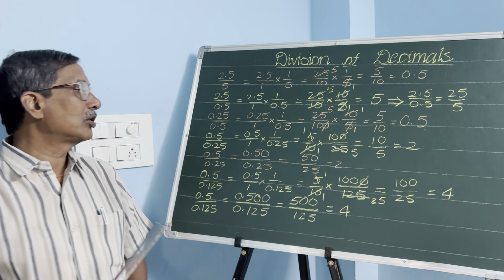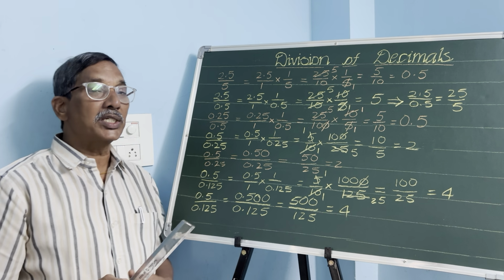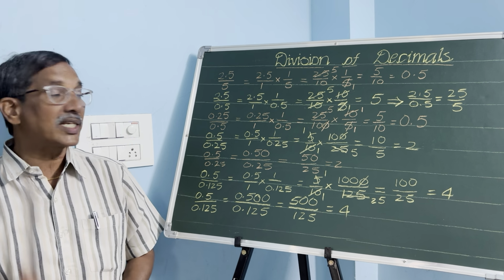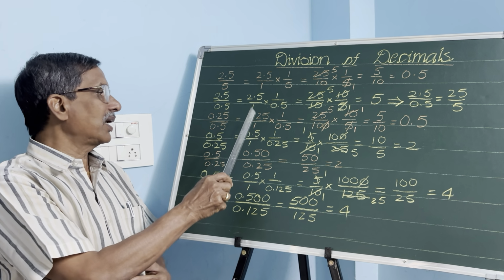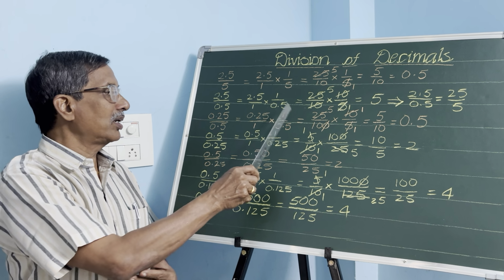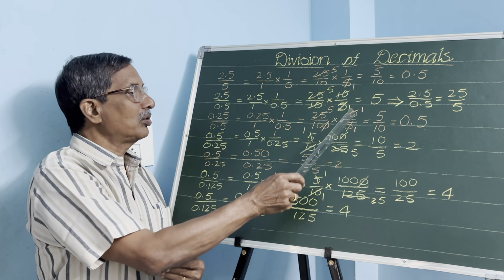Coming to the next one, 0.25 by 0.5. Here the numerator has 2 decimal points and the denominator has 1 decimal point. So as in the above two examples, we can write 0.25 by 1 into 1 by 0.5, that is 25 by 100 into 10 by 5.